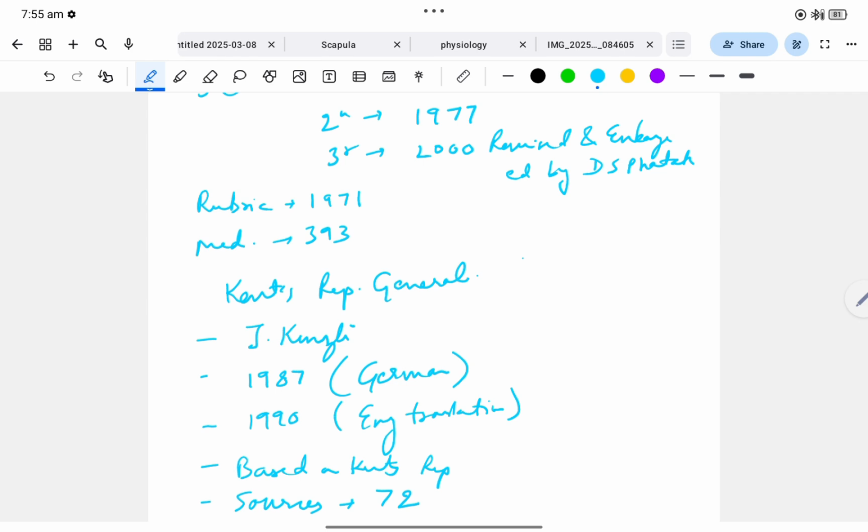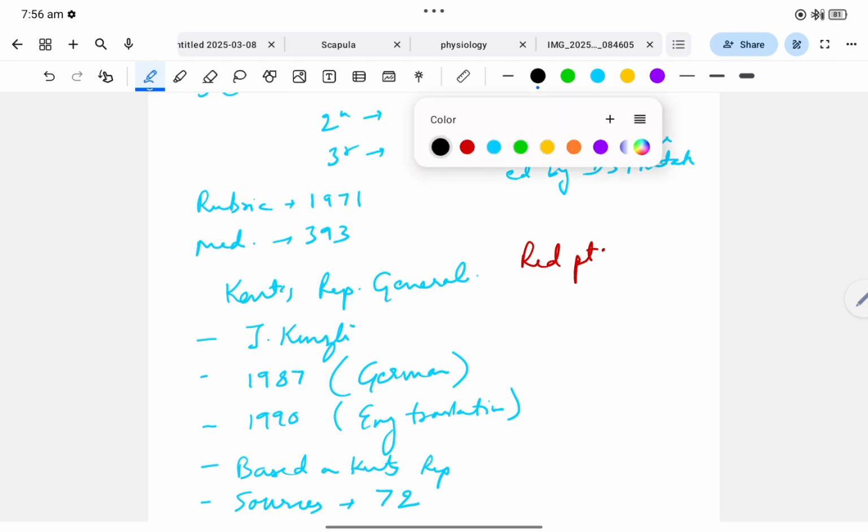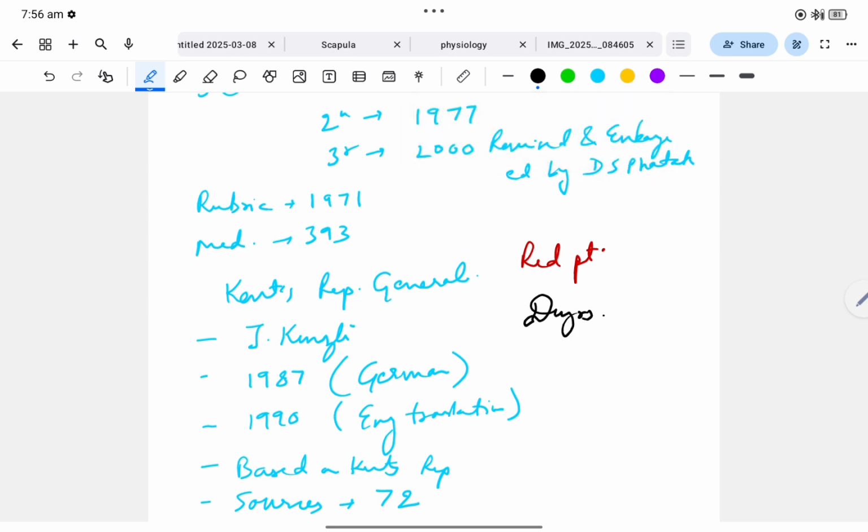Now there are 2 points. First is red point. So in original repertory, there are some red points given, and these red points are known as red points of Kunjli. And in some places, a black point is found behind the drug. A drug is given and is followed by a black point.